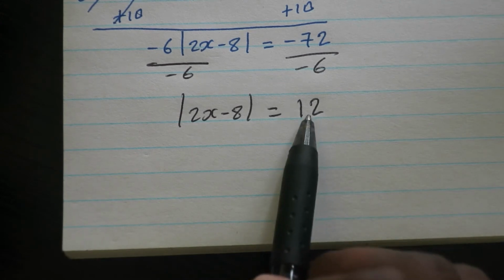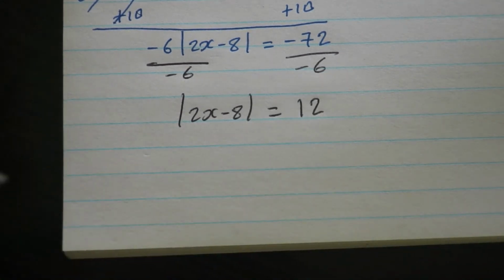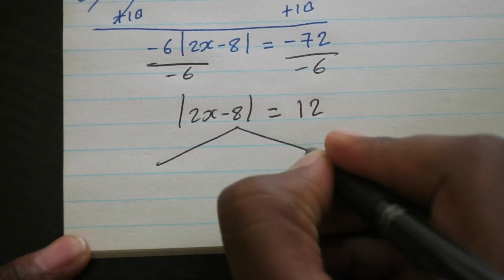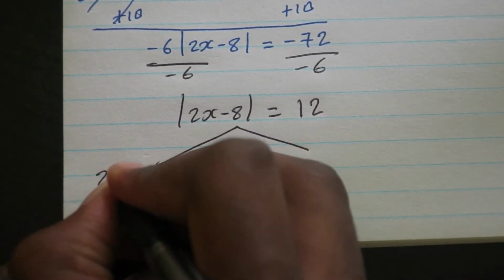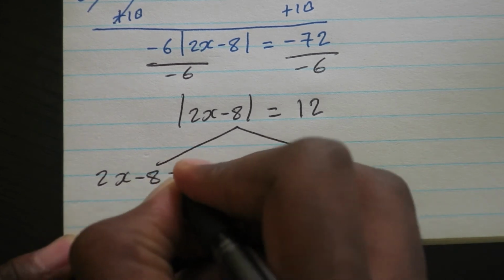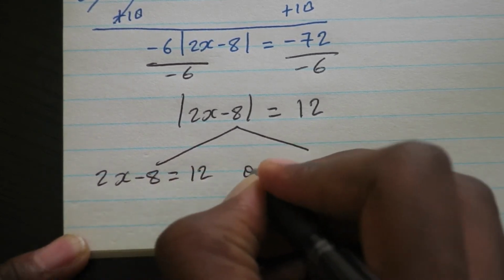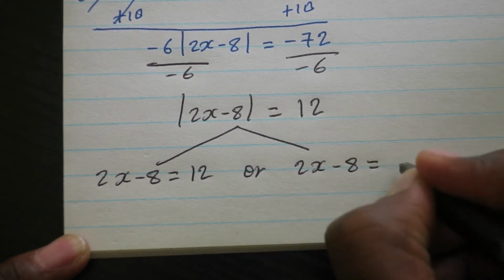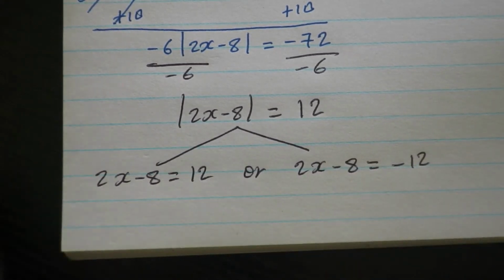And because this is positive bigger than 0, I should get 2 answers out of this. The 2 equations that we get is 2x minus 8 equals 12, or 2x minus 8 equals negative 12.